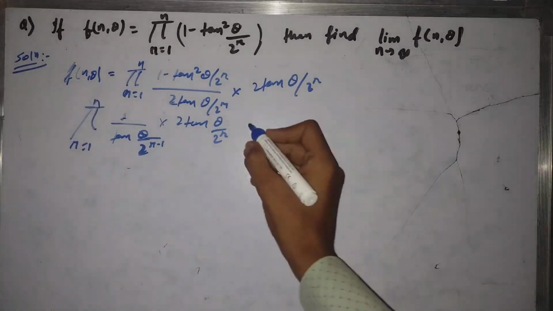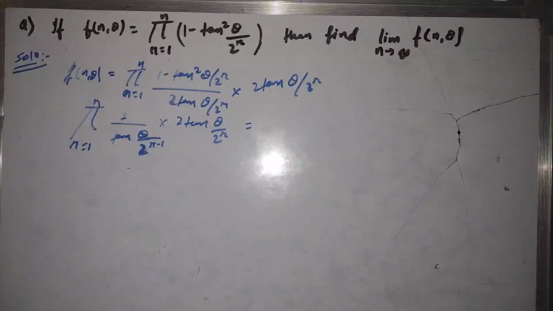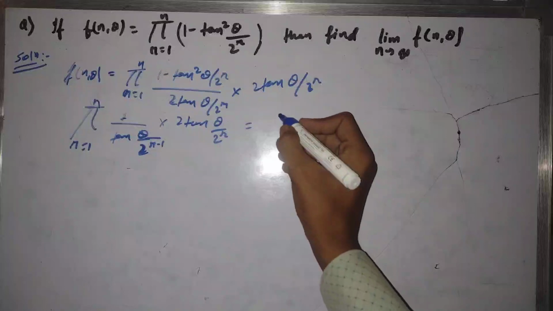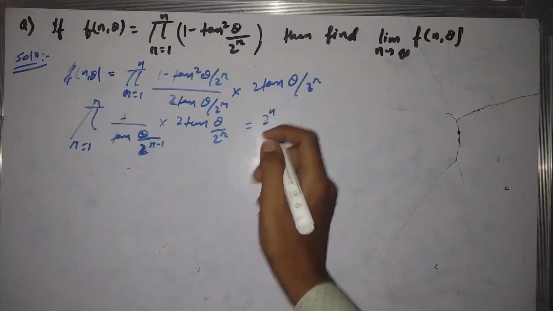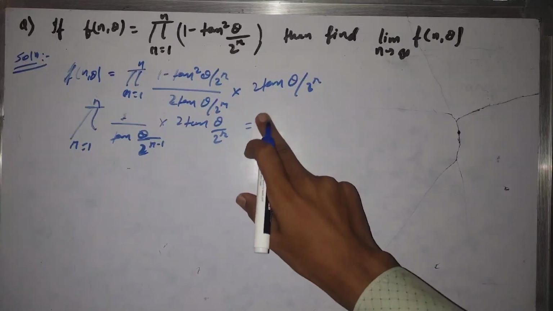Now just put in values of r. So this is 2 to the power n, because we are going to multiply it n times.